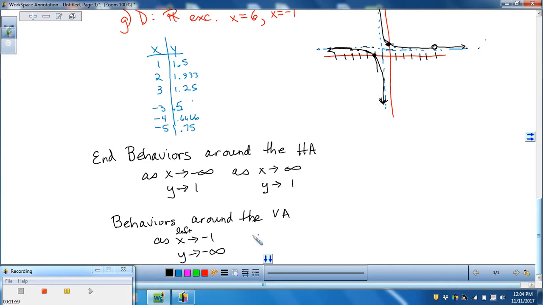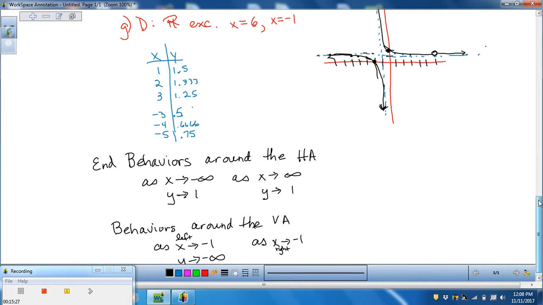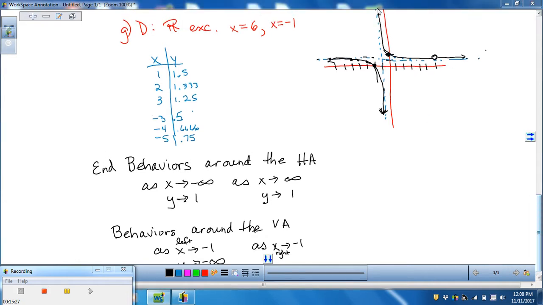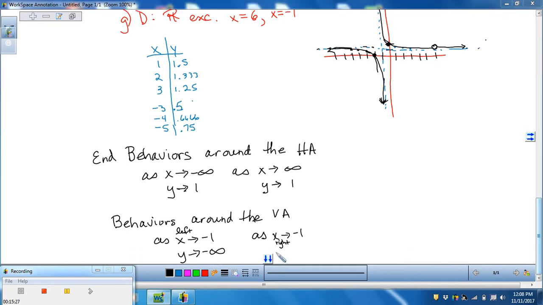Now, as x is approaching negative 1 from the right side, you'll notice that the function is going up forever, and so y is approaching positive infinity.